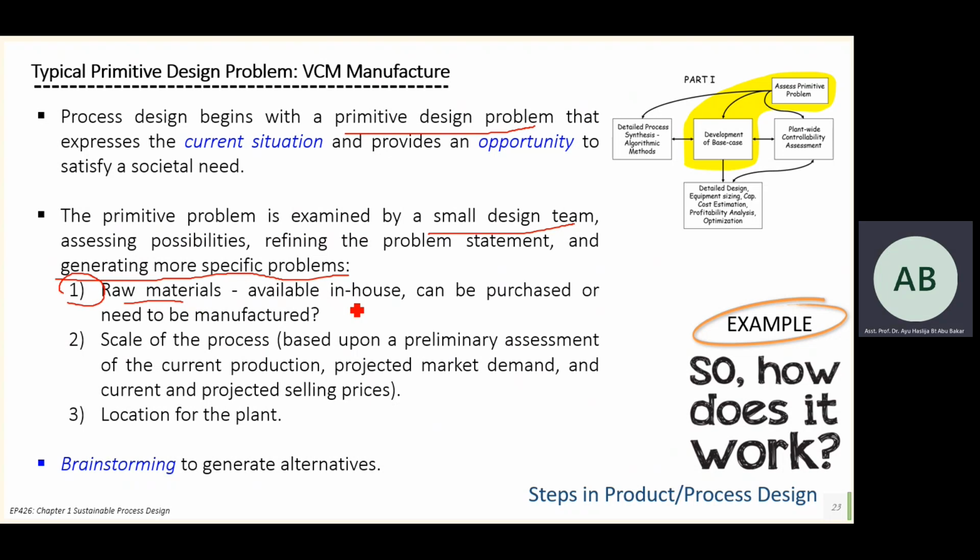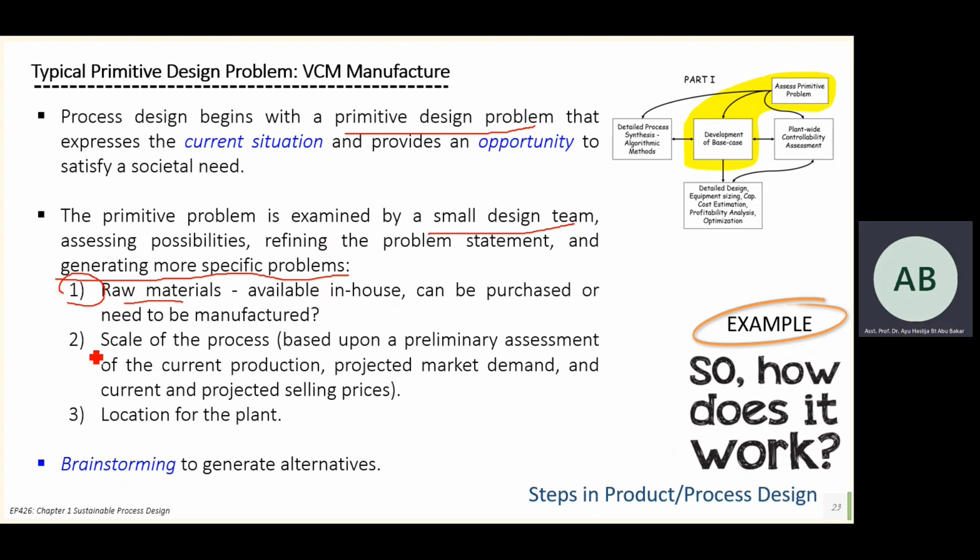Which one is the best solution? If they need to manufacture, perhaps they need a new plant to manufacture the raw material. Then they need to compare manufacturing the raw materials and purchasing the material. Which one is more cost effective?